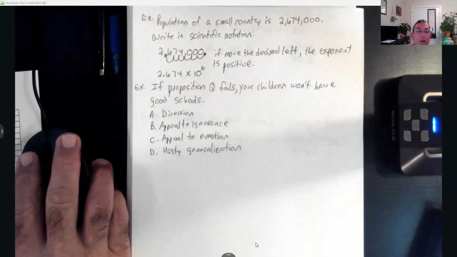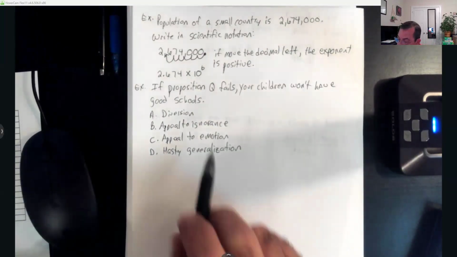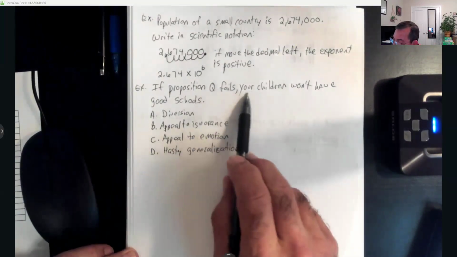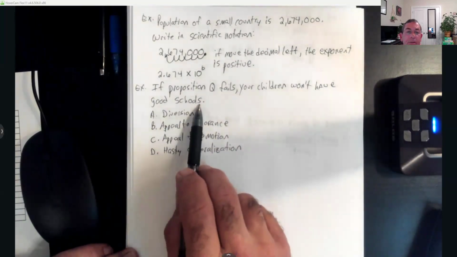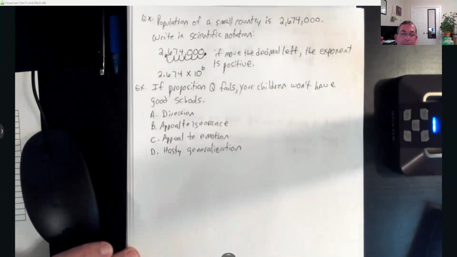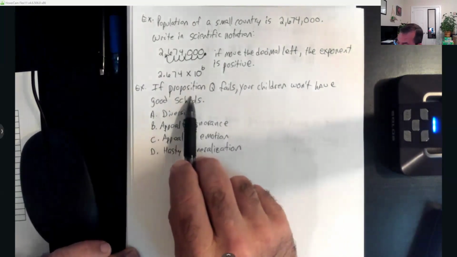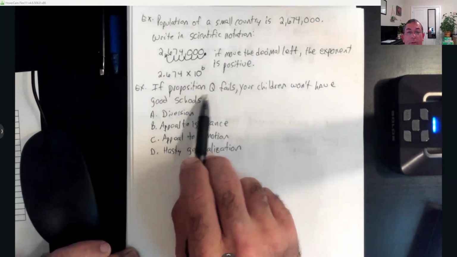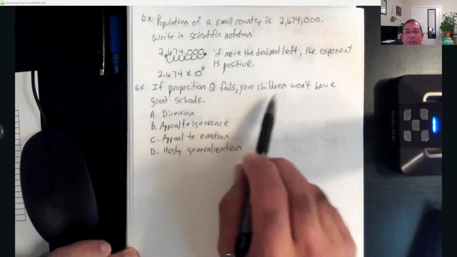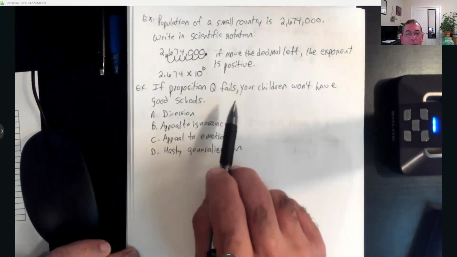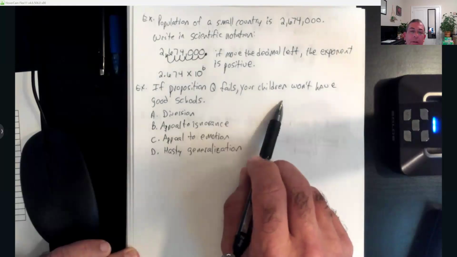All right, y'all. So we just want to know which fallacy this is. If proposition Q fails, your children won't have good schools. Since they're talking about your children and they're hoping that you love your children, they're hoping that you want proposition Q to pass, because you do love your children and you want them to have good schools.